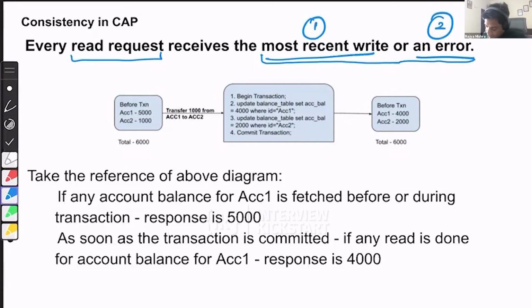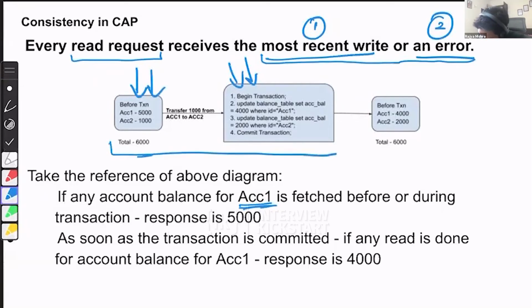Let's understand the diagram from the previous slide again, now in the light of CAP theorem. If the account balance for account one, ACC1, is fetched before or during the transaction, that means here or here, the response is 5,000 because till this point, account one balance is 5,000.